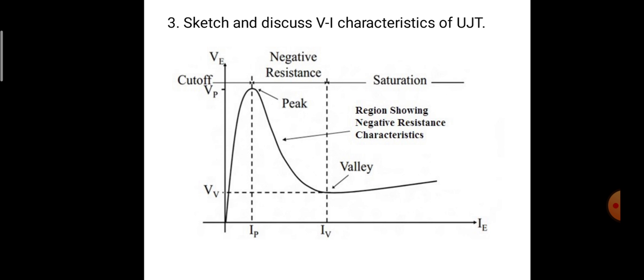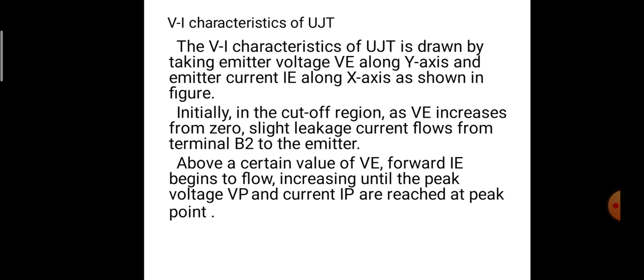Third question, sketch and discuss VI characteristics of UJT. In the figure, it consists of three regions: cutoff region, negative resistance region, saturation region. Now we are discussing the VI characteristics of UJT.